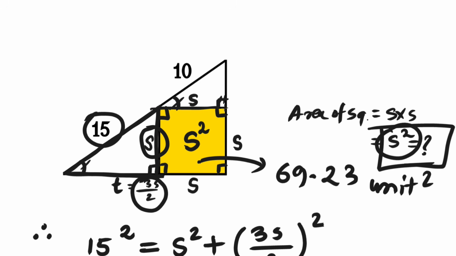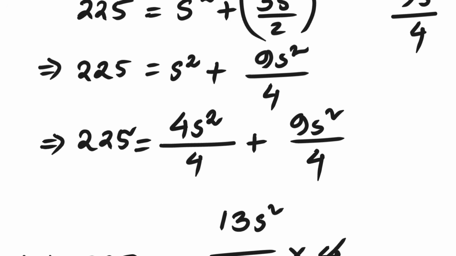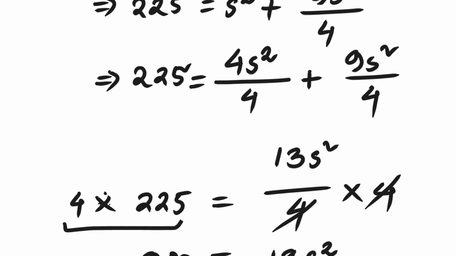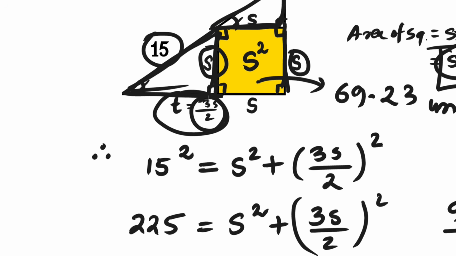We first assign the side length of the square as s. Then, we identified two similar right triangles. Using the property of similar triangles, we found that t equals 3s divided by 2.